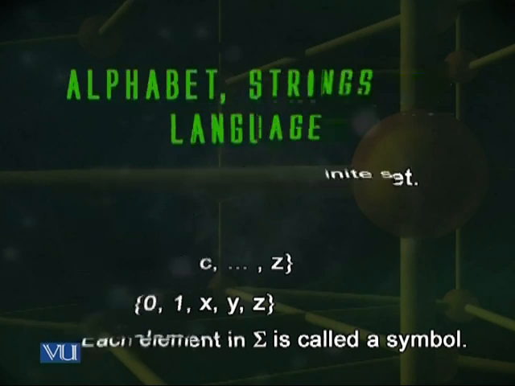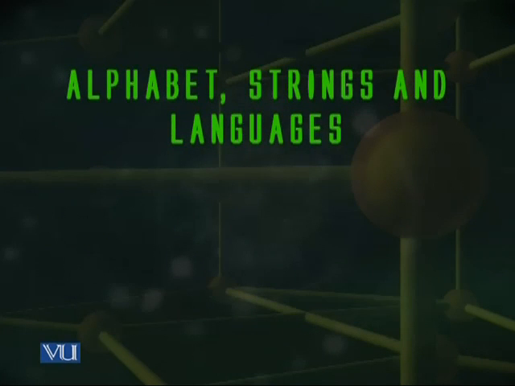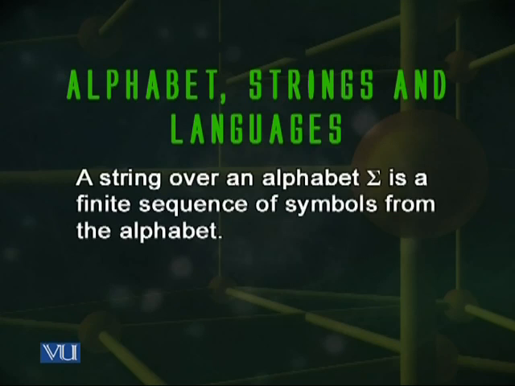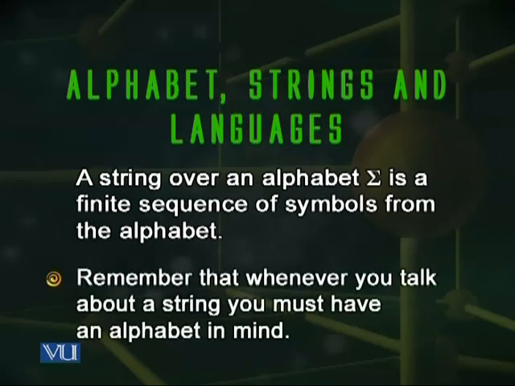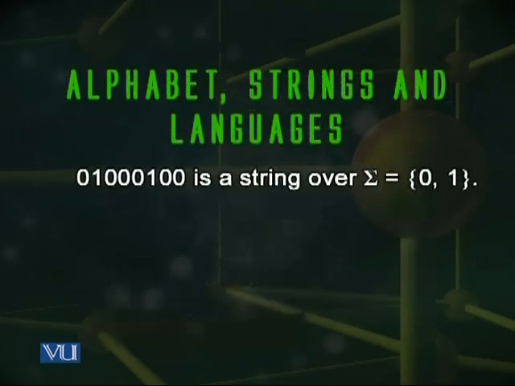Starting with an alphabet, we will start making more complex things. For example, the first important concept is that of a string. Let us start with an alphabet sigma, and if we take a finite sequence of symbols over this alphabet, that is called a string. Remember, whenever you talk about a string, you must have an alphabet in mind. So for example, if your alphabet consists of 0, 1, then 0100100 is a string over this alphabet.